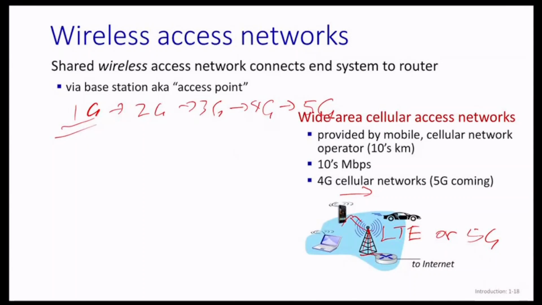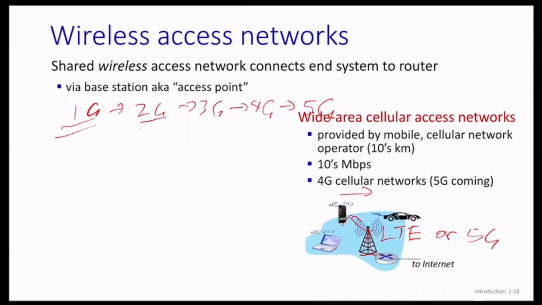If you recall, about 20 years ago, with 1G, the phone was very big, because it just used frequency modulation multiplexing techniques and analog signals, and just supported phone calls, this single purpose.